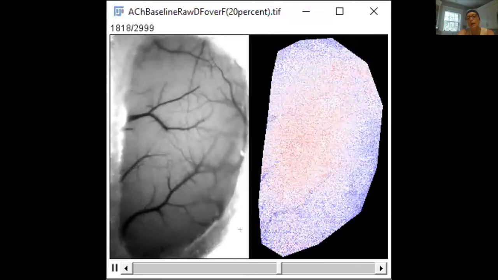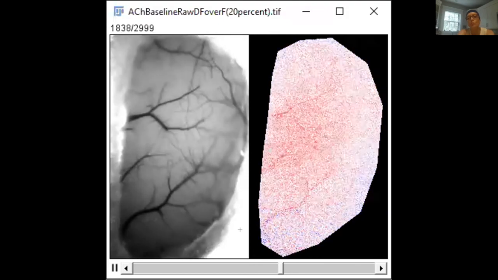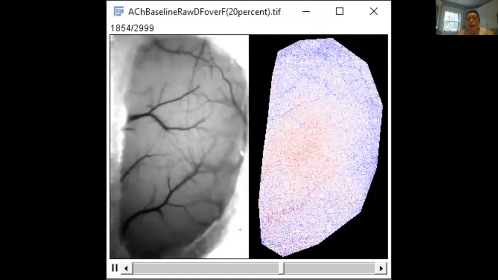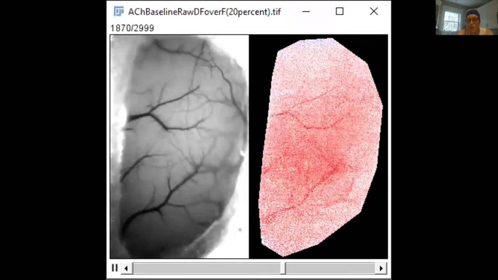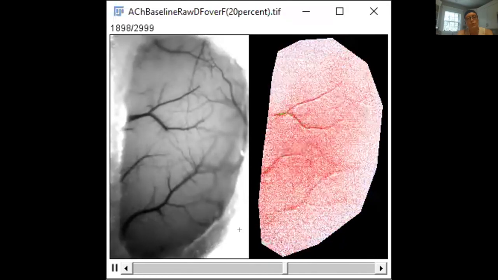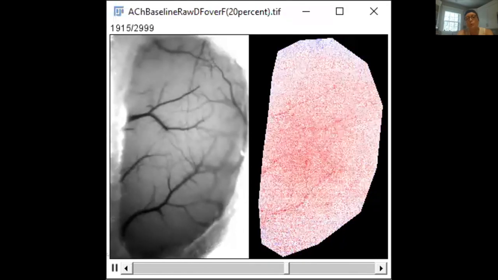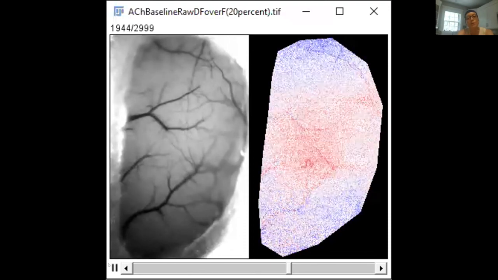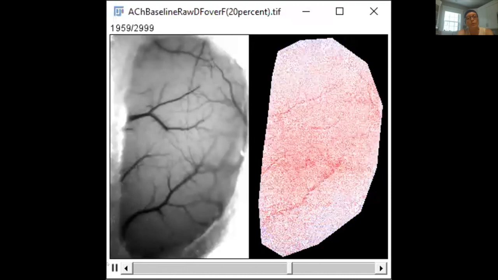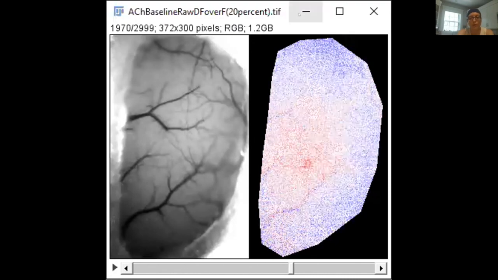Now we can look at the actual dynamic of acetylcholine release across the entire area. For those of you that are used to looking at calcium, you can appreciate this is very broad, but it's still dynamic, and it's not happening everywhere at once. So there's still some cortical parcellation going on.